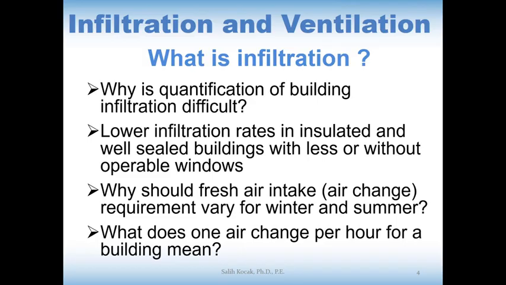Okay, again, volume of the room times air changes per hour divided by 60, which is the minutes in an hour. So the final result is 21.6 CFM. Okay, let's move.